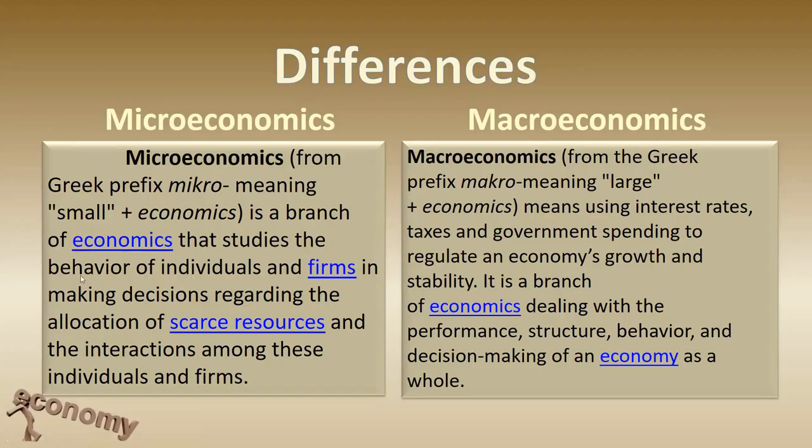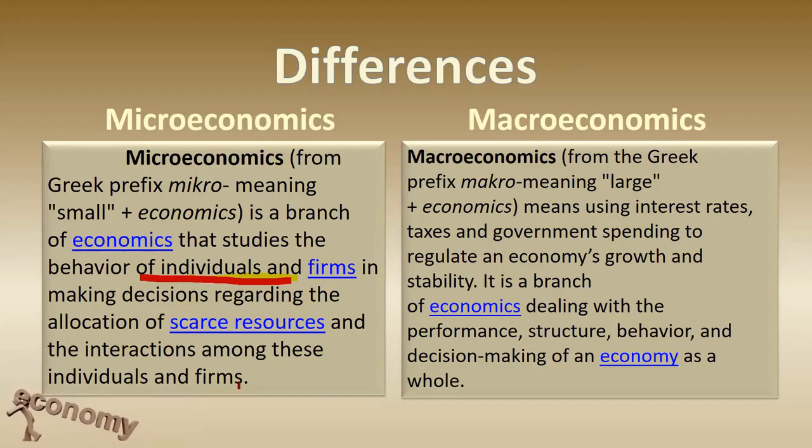It is a branch of economics that studies the behavior of individuals and firms in making decisions regarding the allocation of scarce resources and the interactions among these individuals and firms.